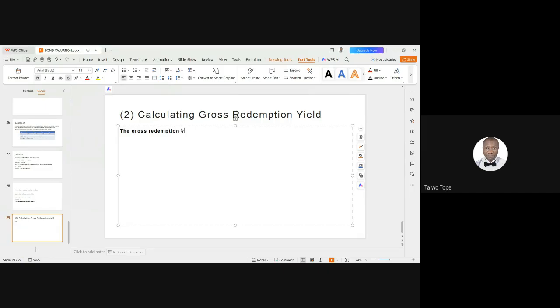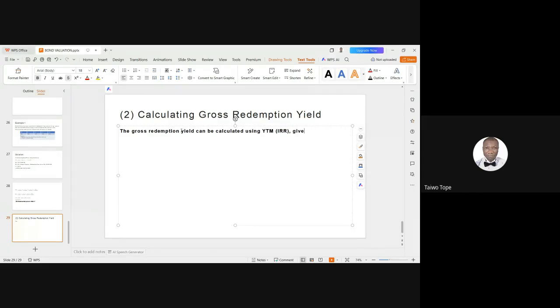The gross redemption yield can be calculated using yield to maturity. And yield to maturity is what? Your internal rate of return.